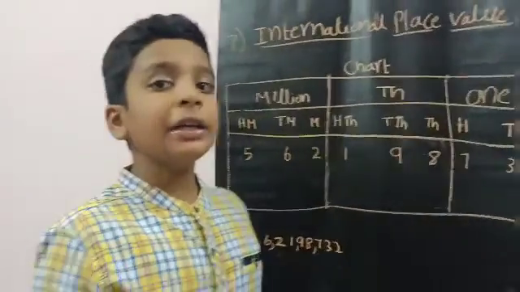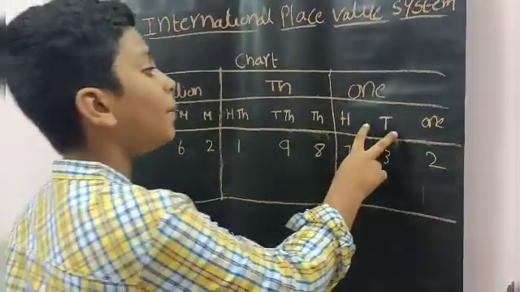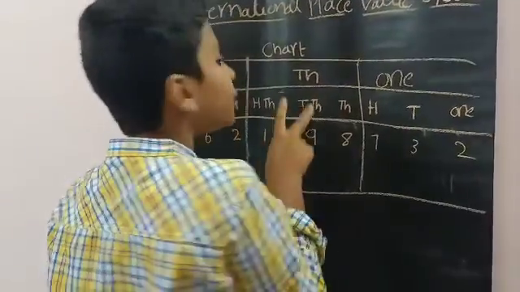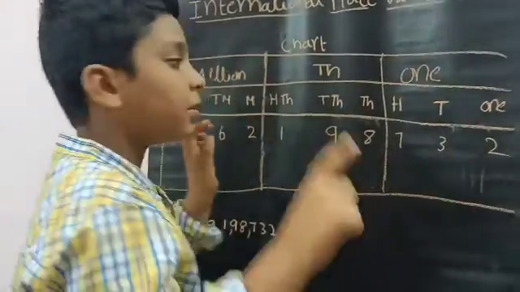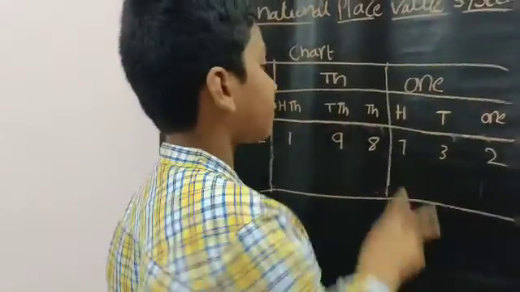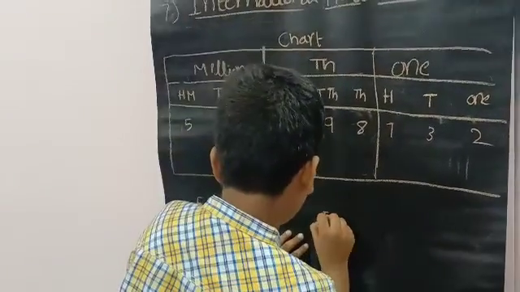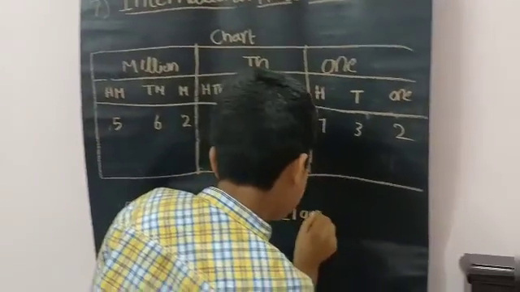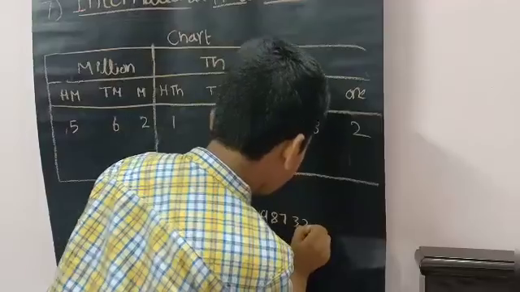But in the international place value system, 3 numbers become 1 period, and again 3 numbers become 1 period. 3 numbers, 1 period. So, after every 3 numbers, we should keep a comma. Means 5, 6, 2, 1, 9, 8, 7, 3, 2.